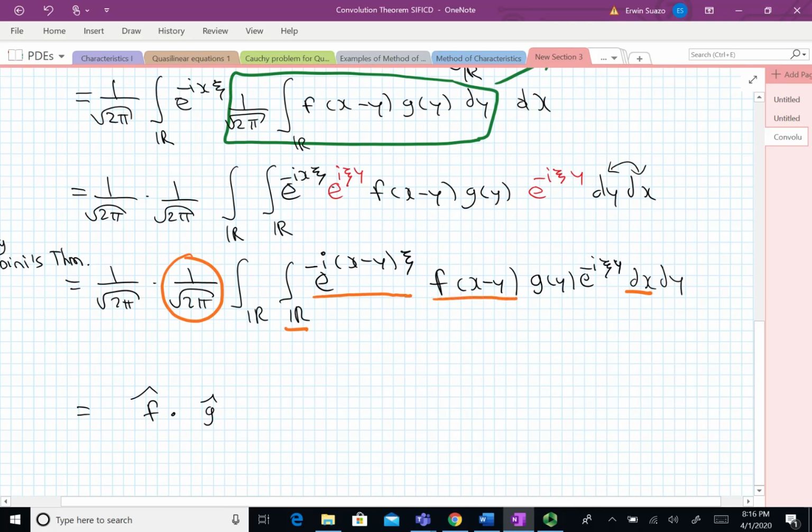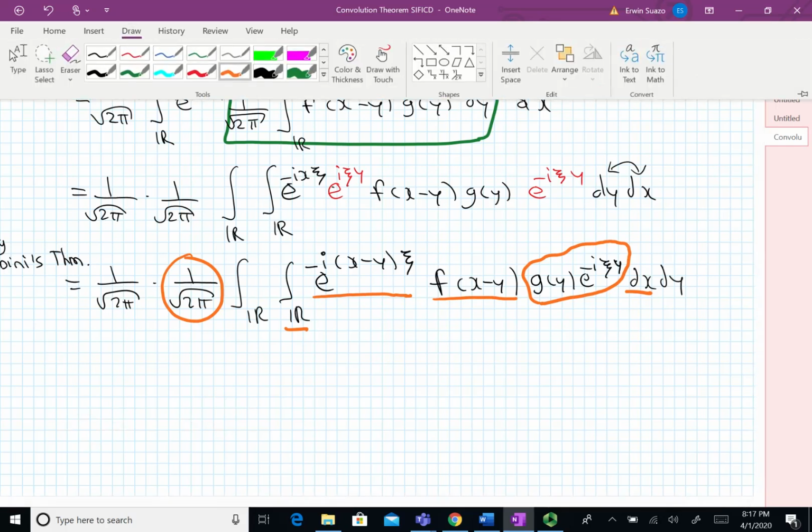And notice that because you interchange dx with dy, these guys, g of y e to the minus i theta y, can be taken out of the integral because this integral depends on x, not on y. So we're going to take those guys out.